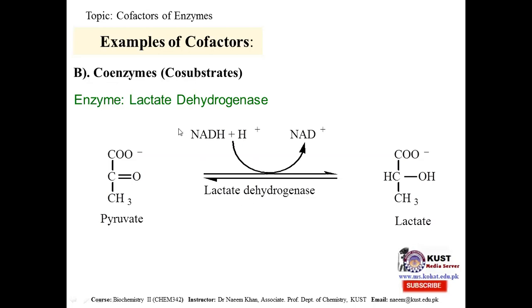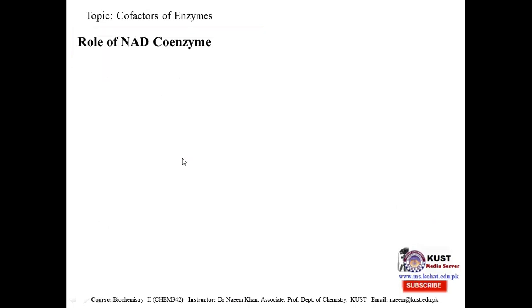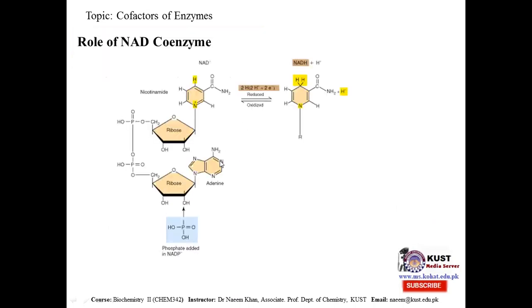This important reaction is catalyzed by lactate dehydrogenase, and again here is the reduction reaction. It requires the coenzyme NAD. How? This is the structure of NAD, nicotinamide adenine dinucleotide. Look, these are the regions which are accepting hydrogen.